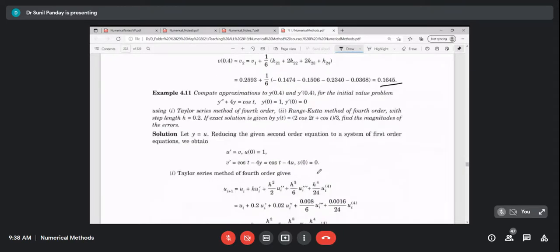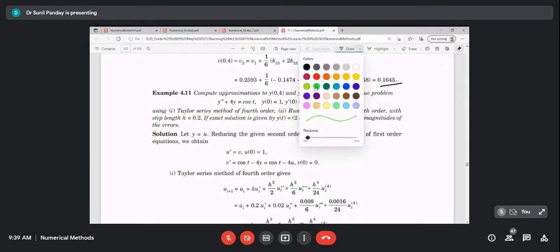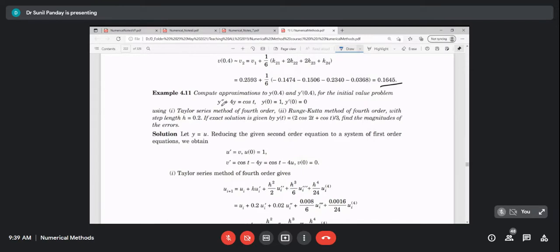So then we have another example. Compute the approximation of y at 0.4 and y dash at 0.4 for the initial value problem y double dash plus 4y equals cos t, where y0 is 1 and y dash 0 is 0.